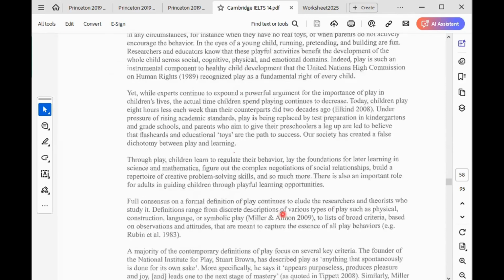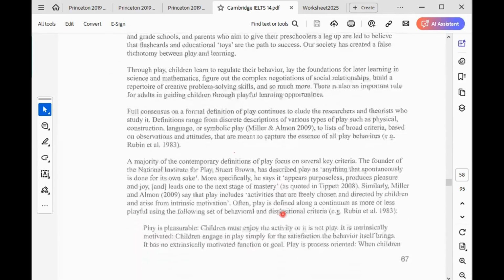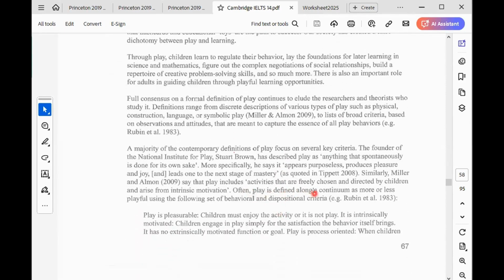Why? Look at this place. Let me show you. Often, play is defined along a continuum. This thing is a scale. Another word for scale is more or less playful, more playful, most playful. And then they now explained it. Can you see that there is a special paragraph here? It's not starting along here.